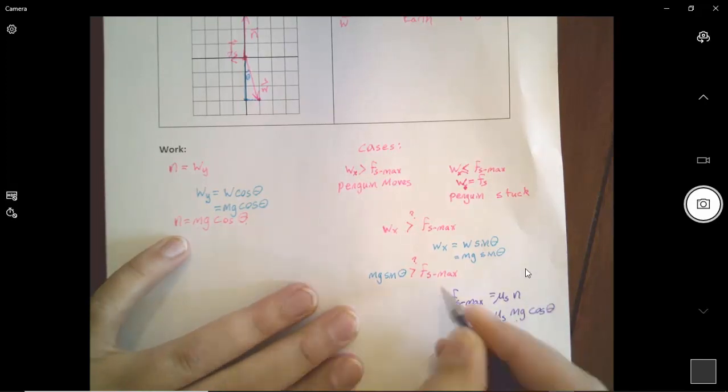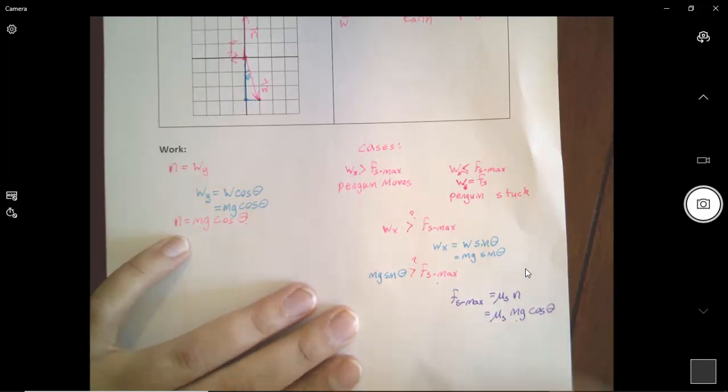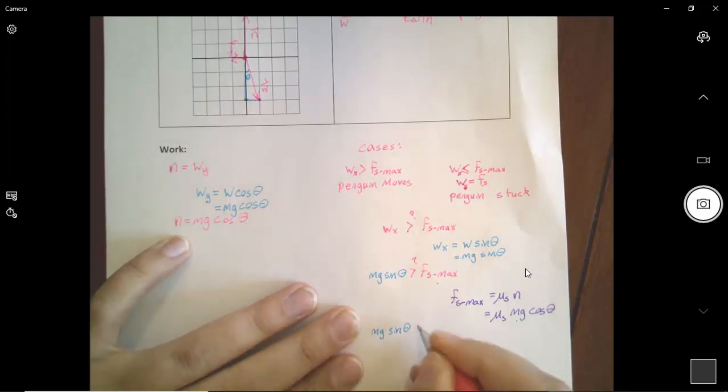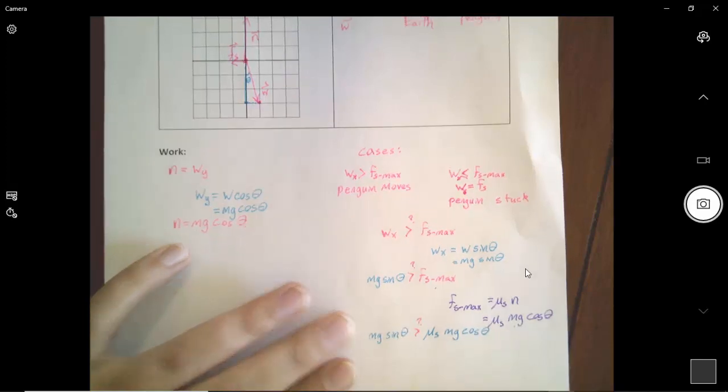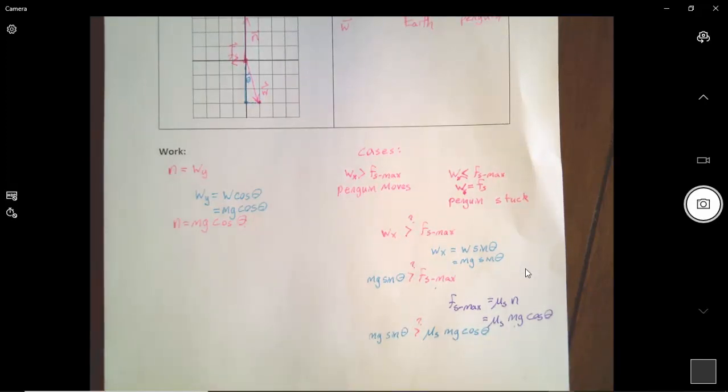So we can plug that in to this expression. So now we have mg sine theta, and we're asking if that is greater than mu s mg cosine theta.